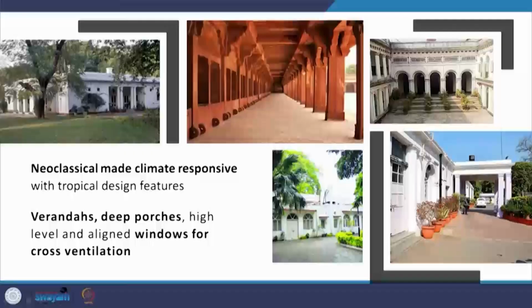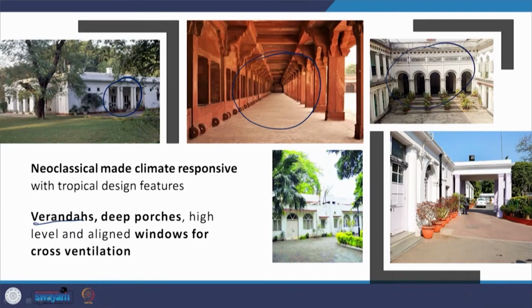Now though designed neoclassically, they are made climatically responsive with tropical design features. For example, there are verandas. So you find the veranda in the neoclassical bungalow, and the veranda has been borrowed from, say, Mughal architecture or even from other traditional architecture of India.